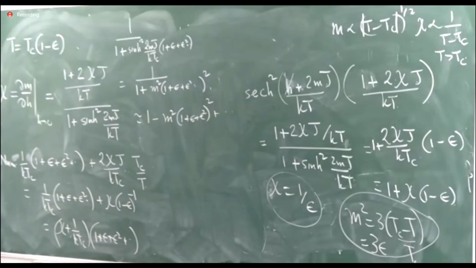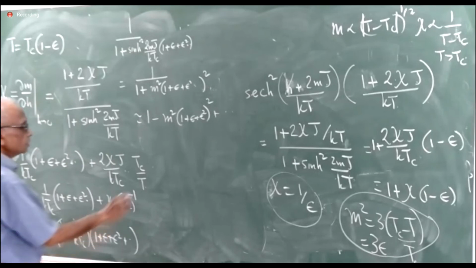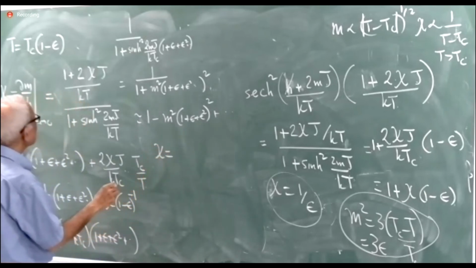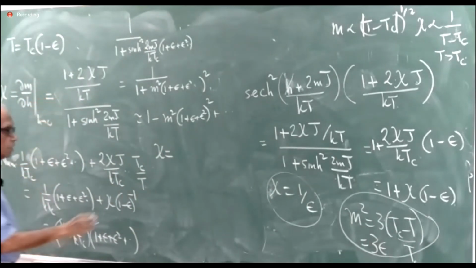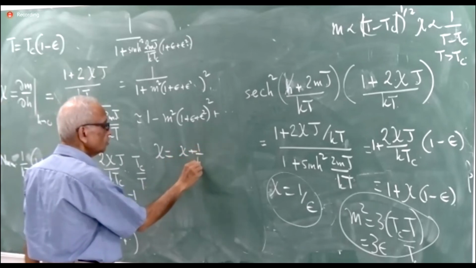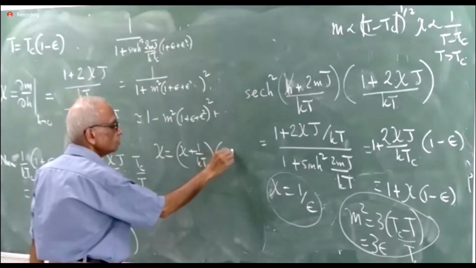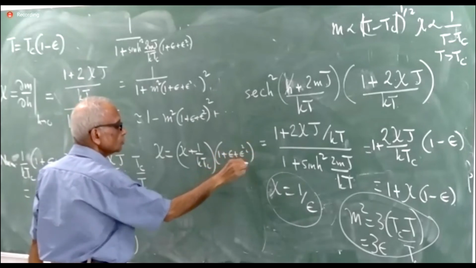So this quantity seems to be equal to that, and therefore the chi is equal to this. So now let's see, the chi was equal to this, that's the top. So chi is equal to this one, that's the numerator. The numerator is chi plus 1 over kTc into 1 plus epsilon square, this.